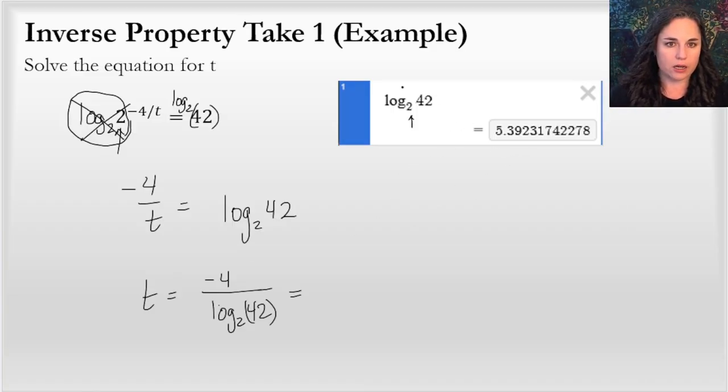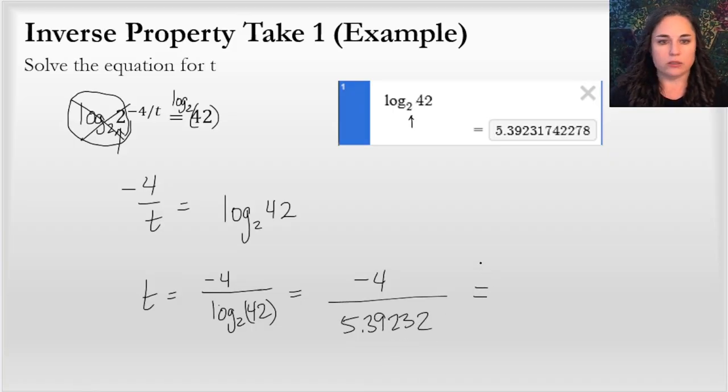They told me that log base 2 of 42 is 5.39232, so I'm going to take -4 and divide by this number. I'll just end it there. When you calculate this value, you get a negative value, because there's a negative in the numerator: negative 0.741796.